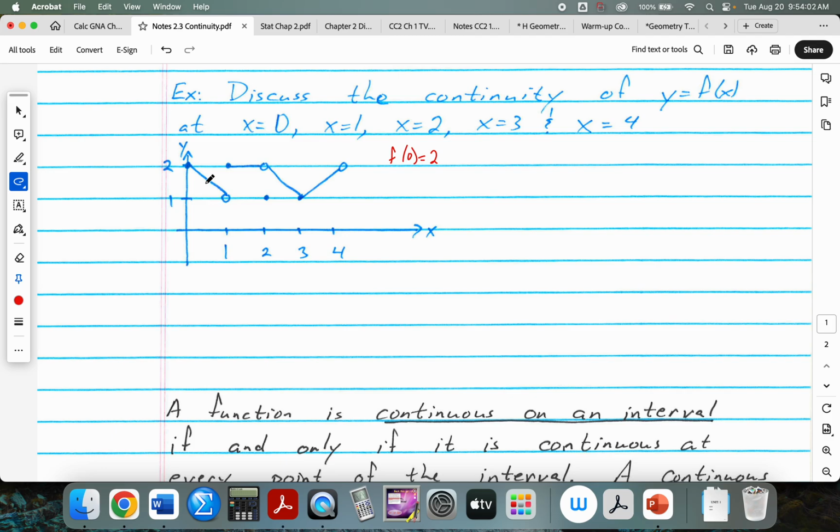And since this is the left endpoint of my visible domain at least, and the limit as x approaches 0 from the right of f of x is also equal to 2, then f is continuous at the left endpoint x equals 0.